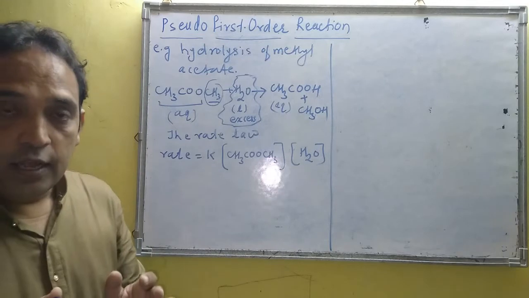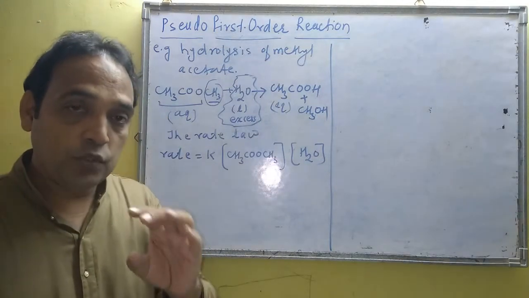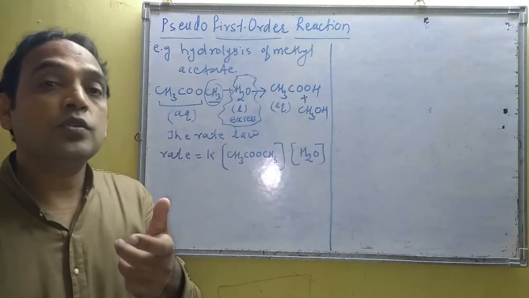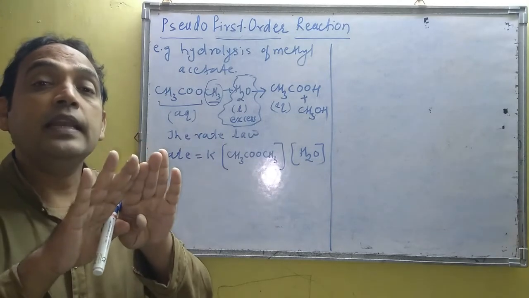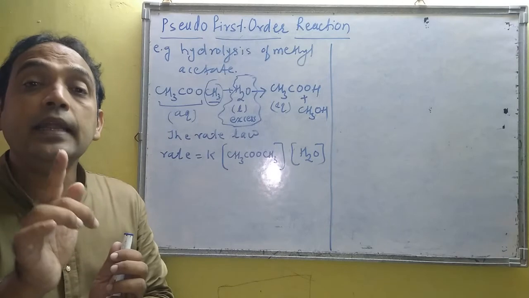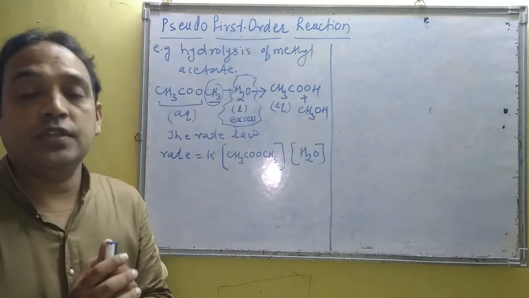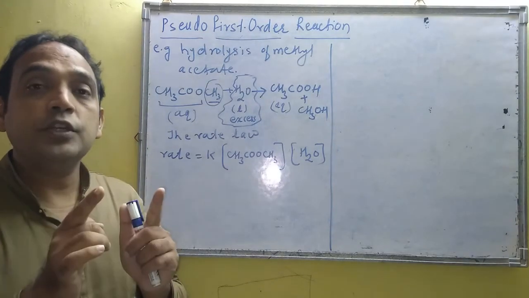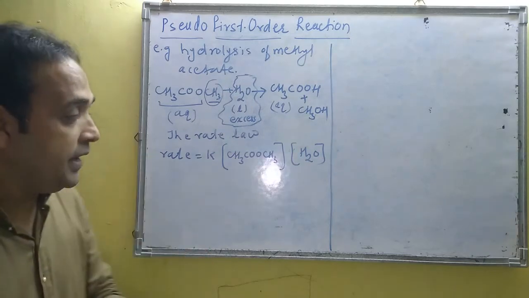Any quantity which is present in excess, its concentration we neglect. Concentration is negligible, meaning rate is independent of that concentration, meaning the concentration of the excess species remains constant.